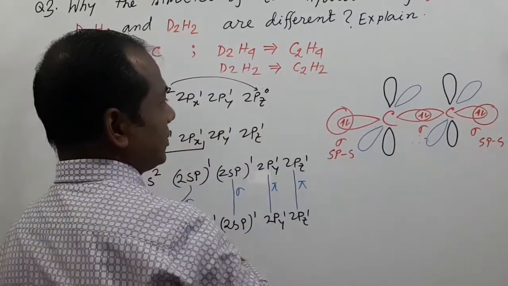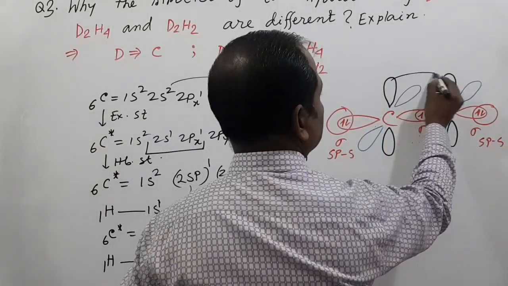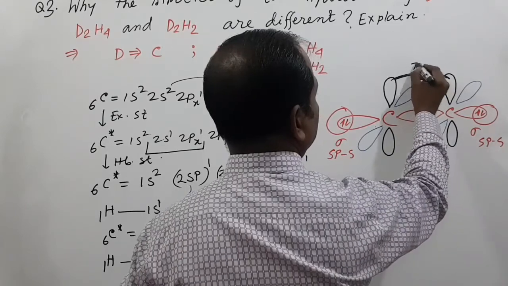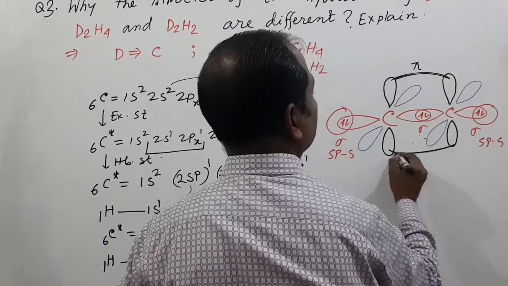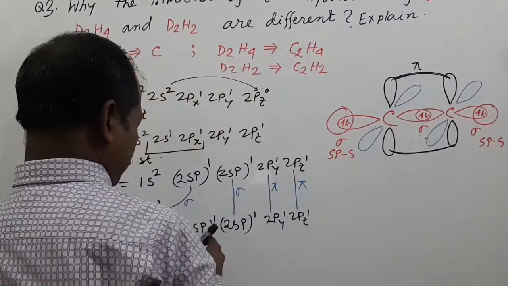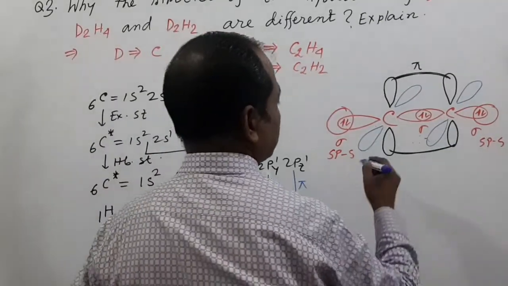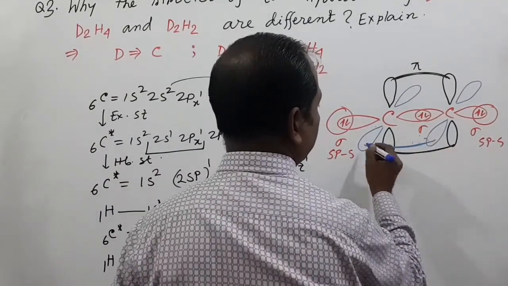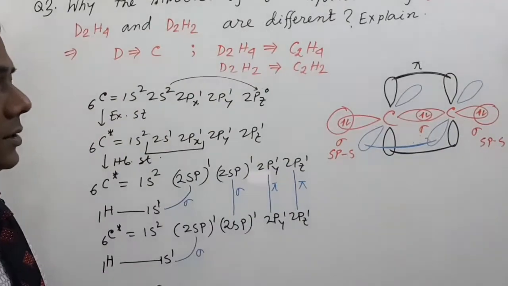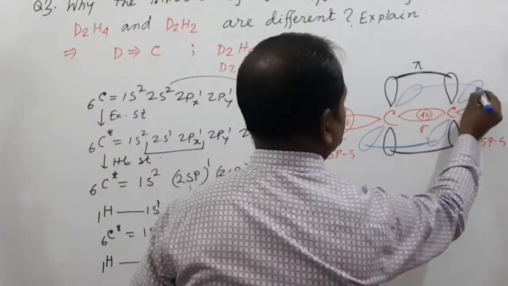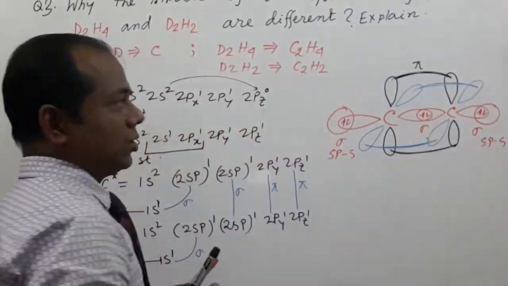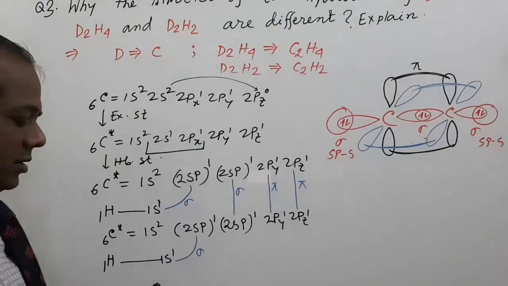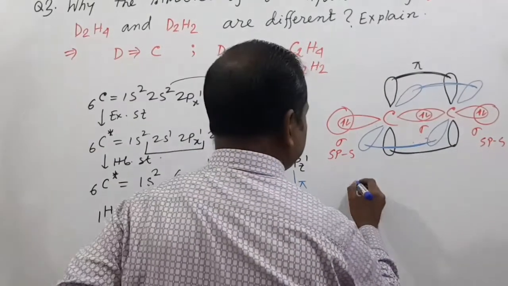They overlap sidewise. This is a pi bond, and the pz orbitals also overlap sidewise.